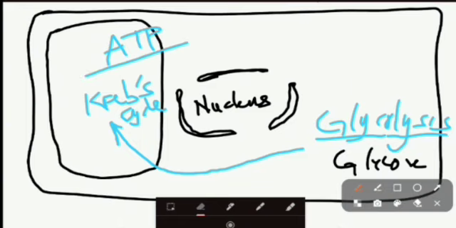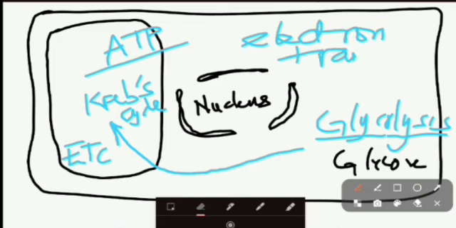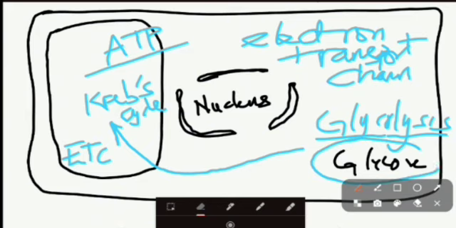Then the product of that Krebs cycle will go into the final stage in this same mitochondria. The final stage is called the ETC, which is the electron transport chain. So in summary, whenever you eat, the food comes into the animal cell in the form of glucose majorly, and in the cytoplasm, the reaction that happens is glycolysis.